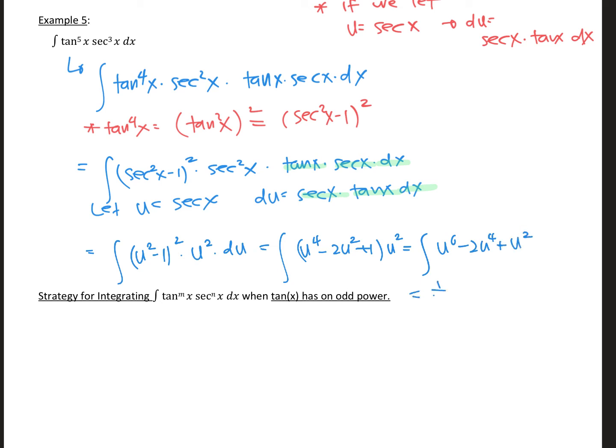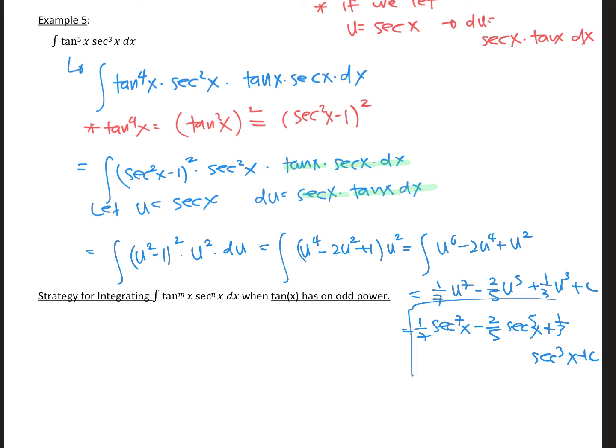So that'll be 1/7 u to the seventh minus 2/5 u to the fifth plus 1/3 u cubed. So that'll be 1/7 secant to the seventh, minus 2/5 secant to the fifth, plus 1/3 secant cubed. Yikes, that's my final answer.